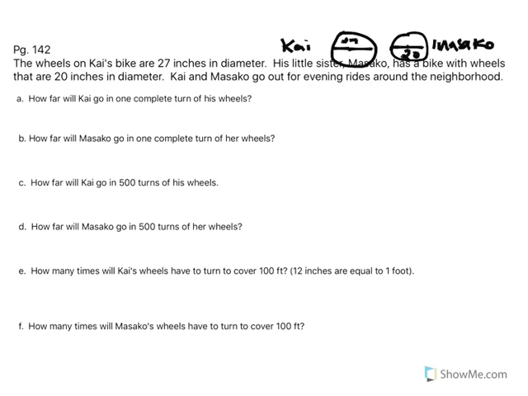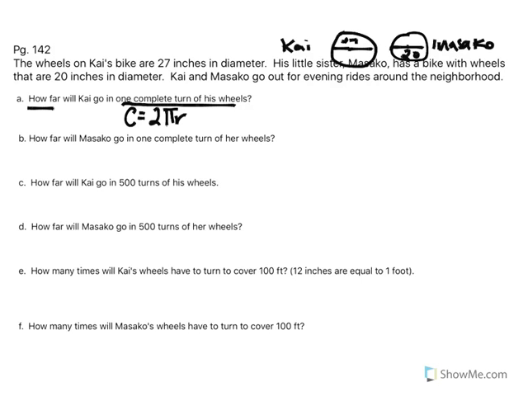Now remember, we just reviewed that the circumference is equal to one complete turn of the wheels is how far the wheel will go. So Kai, his wheel is 27 inches in diameter. We're going to use the circumference formula in order to solve for one complete turn of his wheels, how far he will go.